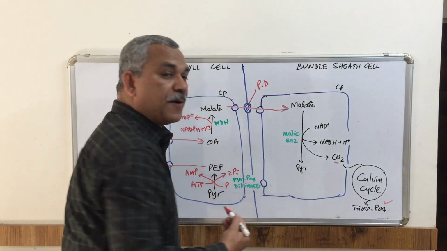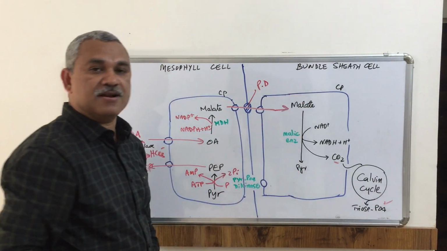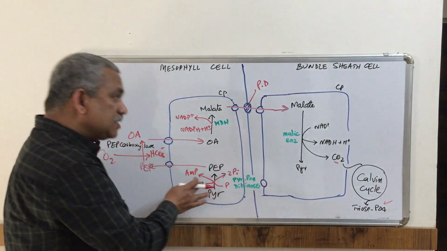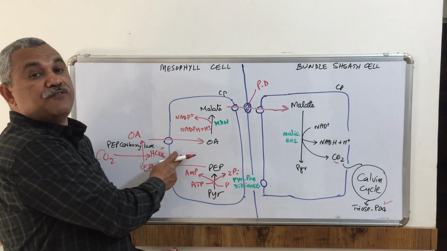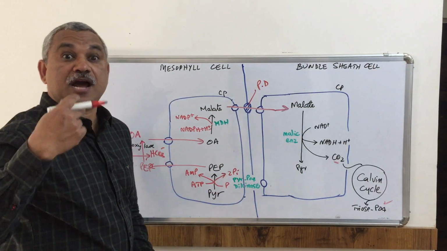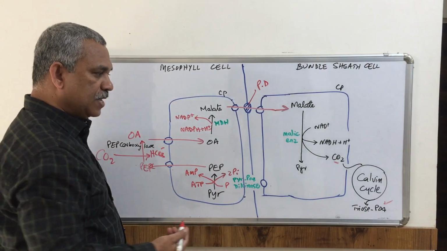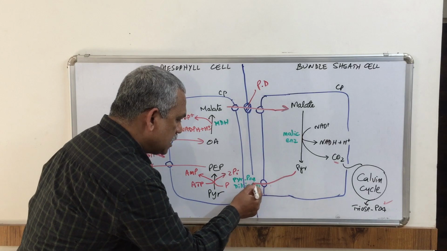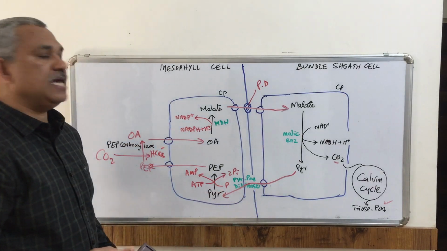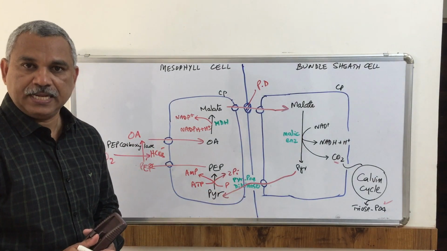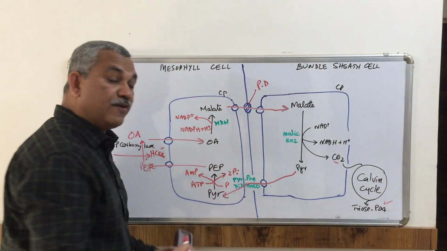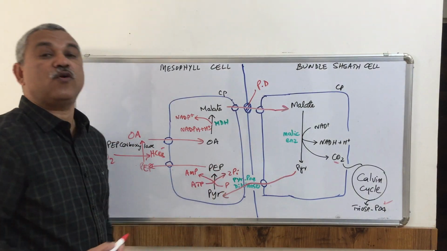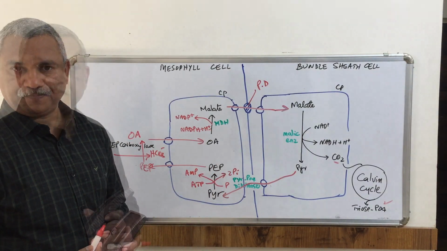Now what happens to the pyruvate which is formed in the bundle sheath cell? This pyruvate must be transported back into the mesophyll cells in order to continue the pathway. There is a pyruvate translocase that transports it back into the mesophyll cells. Now in the chloroplast, the pyruvate will be converted to phosphoenol pyruvate.